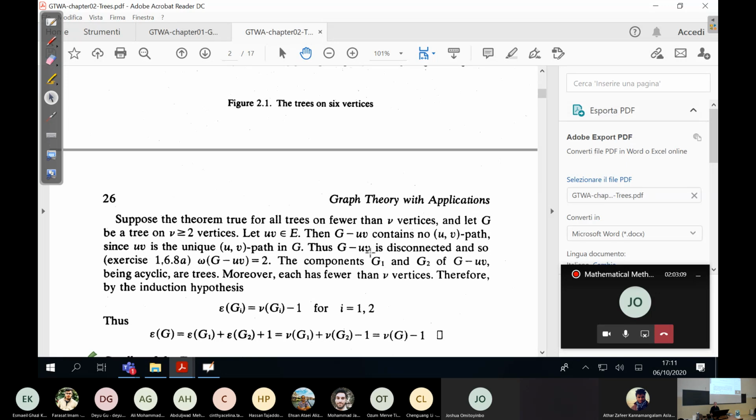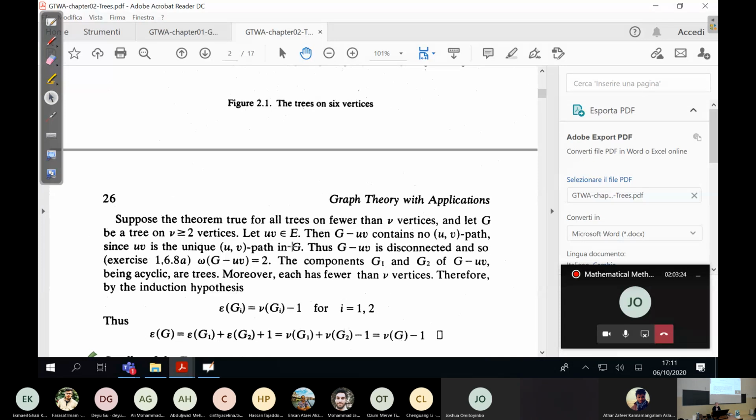Take it away. There is no UV path. Why? Because the edge UV in G is the only path between U and V. We have proved it before.